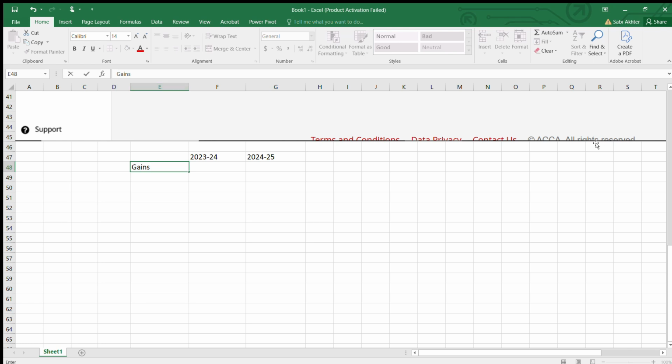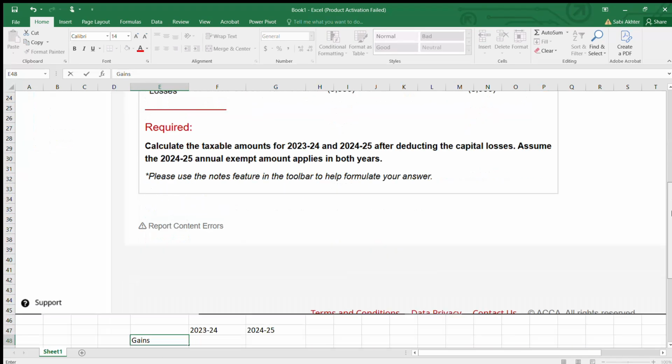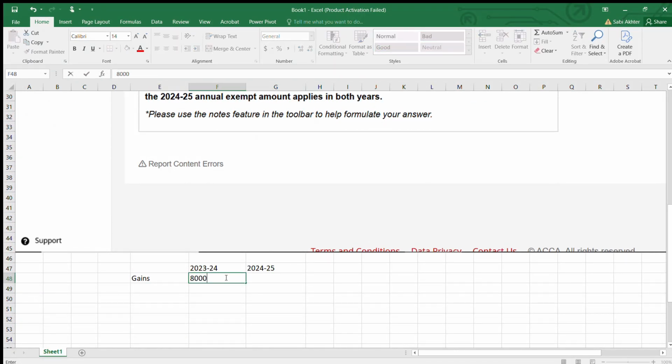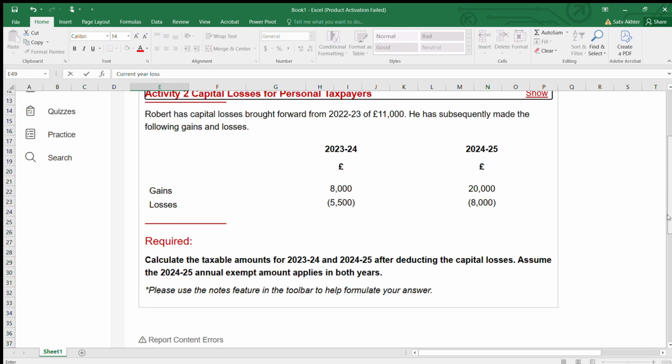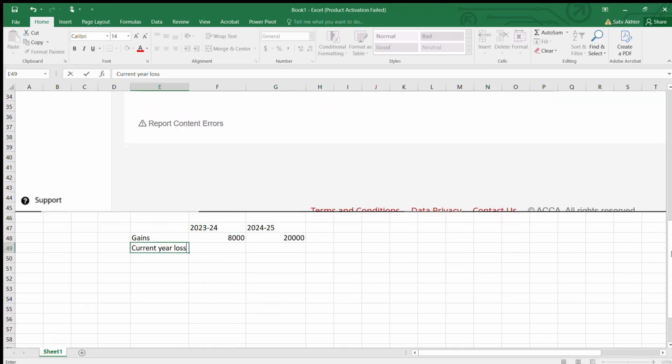So here 8,000 and 20,000. Then we have the current year loss. Current year losses are 5,500 and 8,000. Done.